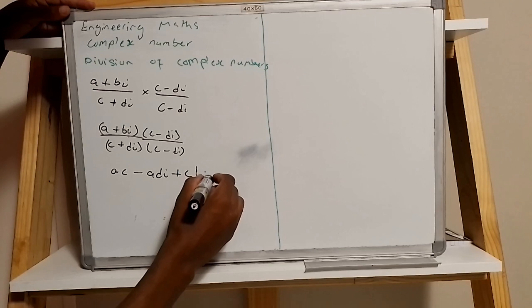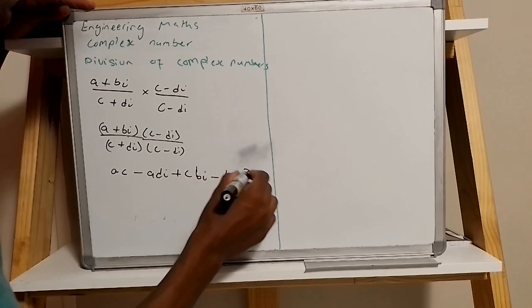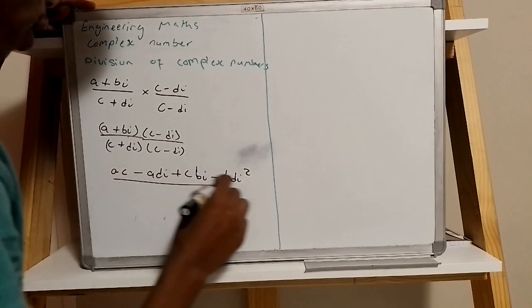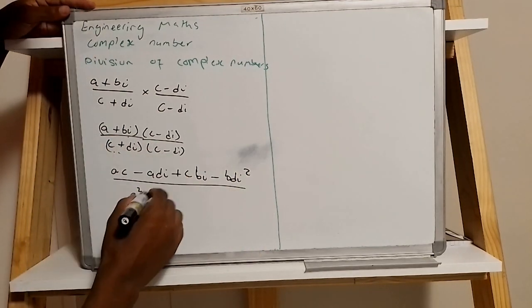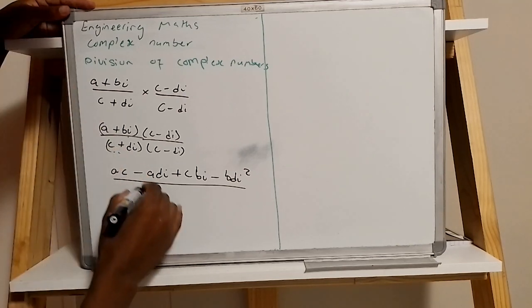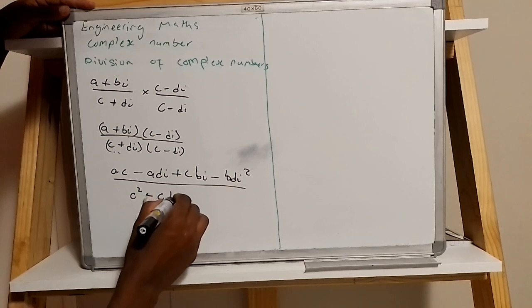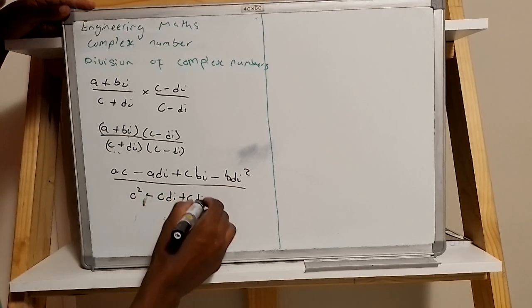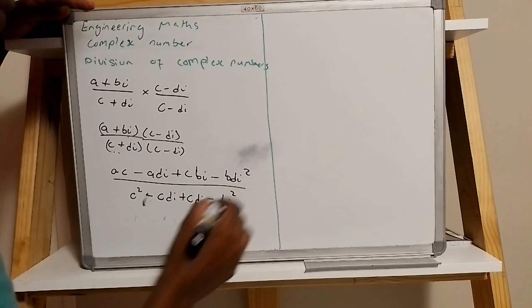This and that gives minus bdi squared. Over this and that, c squared. Then this and that: is it plus? No, minus cdi plus cdi minus d squared i squared.